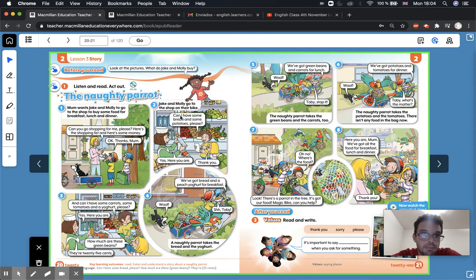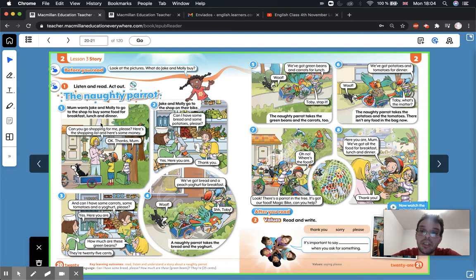So, the naughty parrot. Now, naughty quiere decir que se porta mal. Como vosotros. Okay, the naughty parrot. Now, before we read the story, we need to do a couple of things.